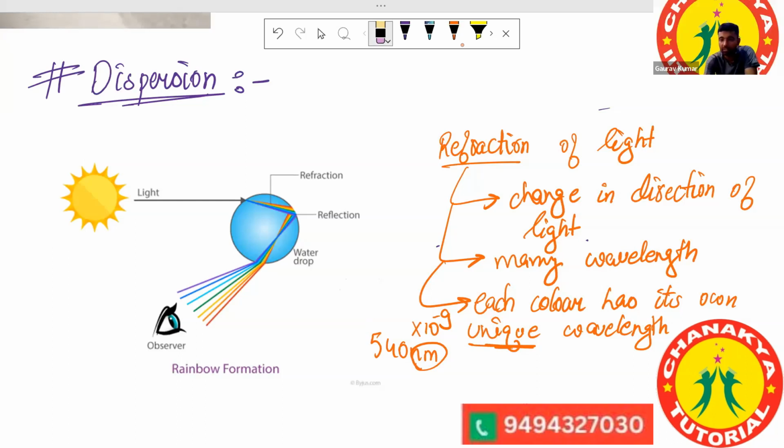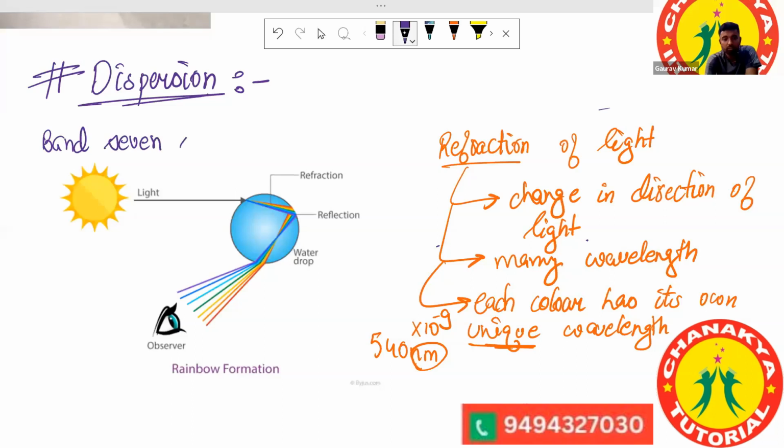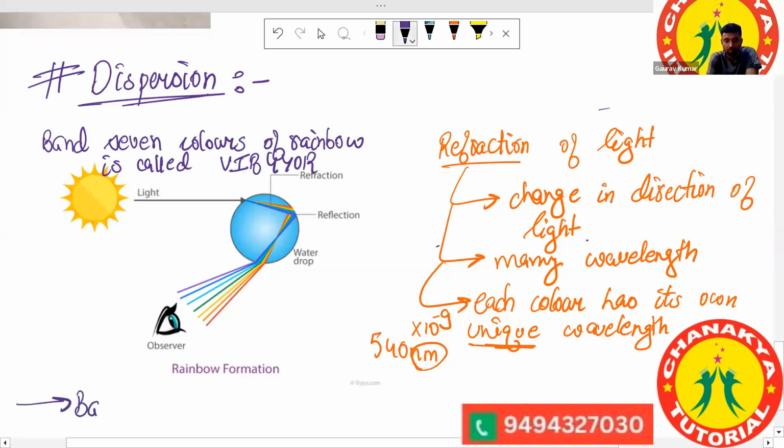The band of seven colors of the rainbow is called Vibgyor, whereas a band of colors is called spectrum.